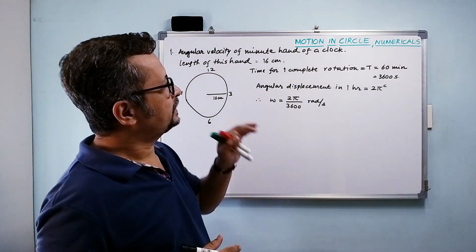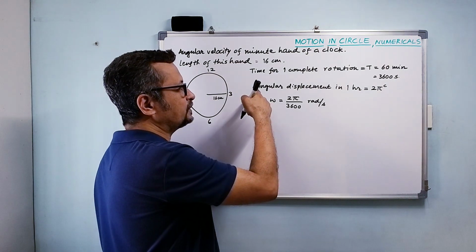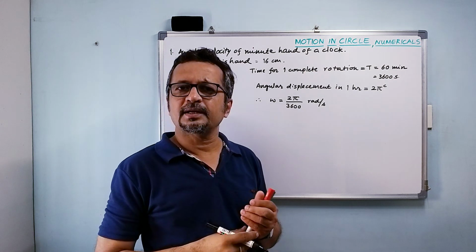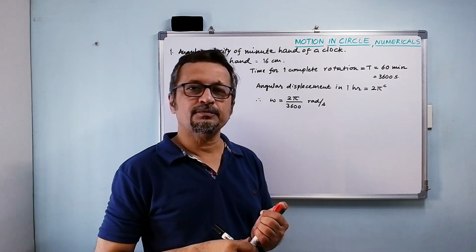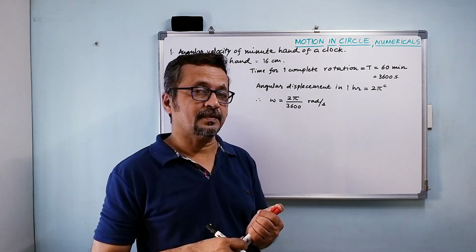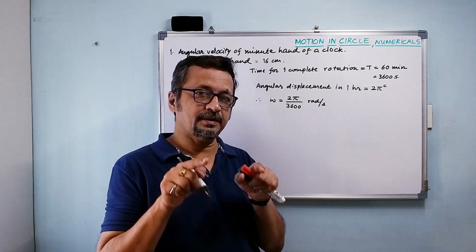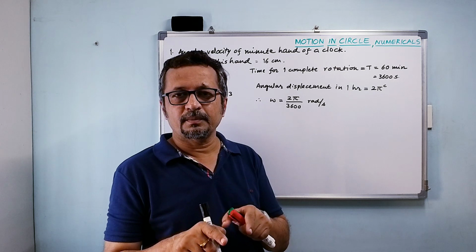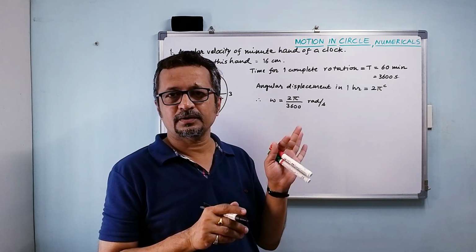So now we have found out the angular displacement and angular velocity. Now what about angular acceleration? When would angular acceleration be there? It would be there if my angular velocity changes with time. But does it change for a clock?